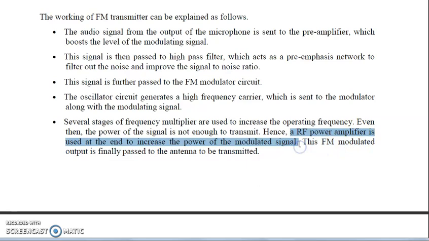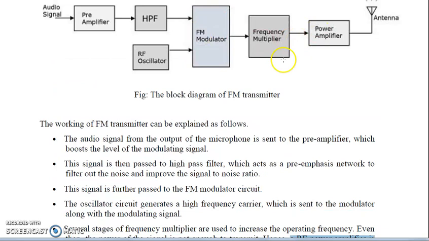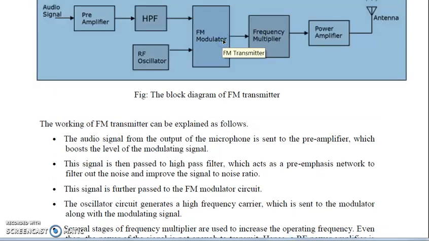The function of the RF power amplifier is to increase the power of the modulated signal so that it can be transmitted via electromagnetic waves, or it can be thrown to the air. This FM modulated output is finally passed to the antenna to be transmitted. So this is the complete structure of the FM transmitter.